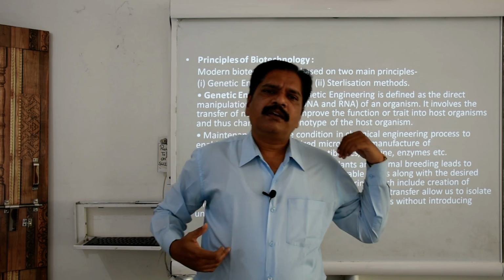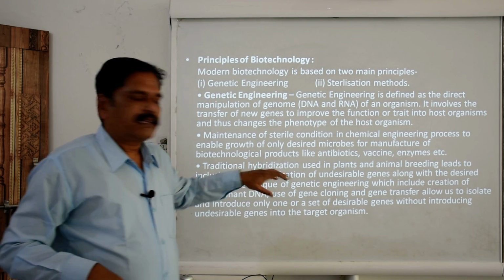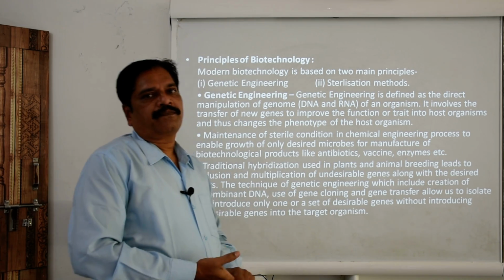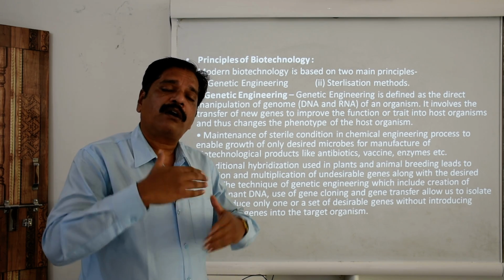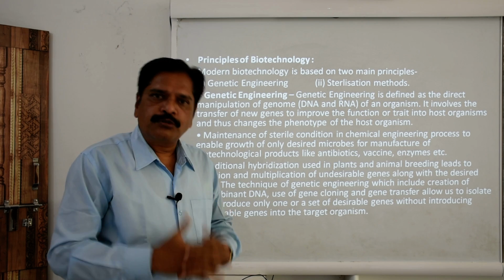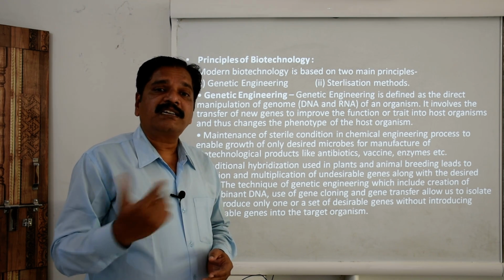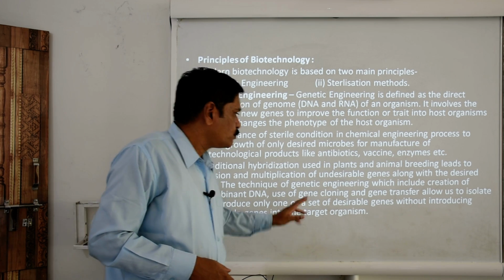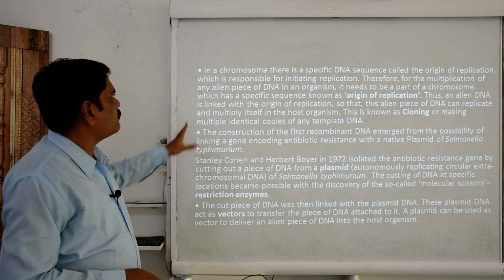So by improving or executing this technique, we can remove this defective part and only allow the useful genes to multiply. Only such genetic material is used to multiply which is desired in nature. So this is one of the basic facts.